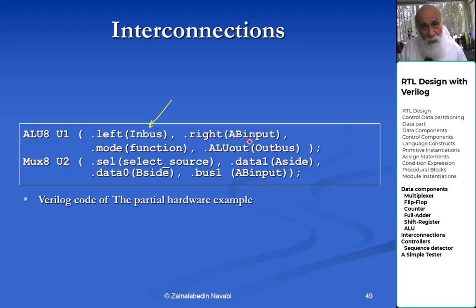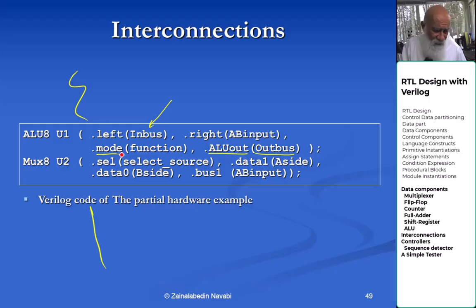AB input, which is probably declared in this environment here, connects to the right named input of the ALU. Okay, out bus connects to ALU out. ALU out is supposed to be the name of a vector or a signal inside the ALU, and mode, as we saw, is also declared inside the ALU.